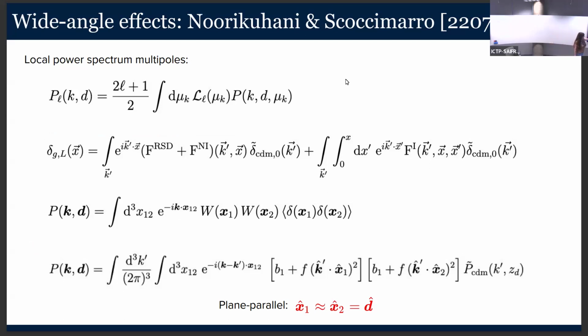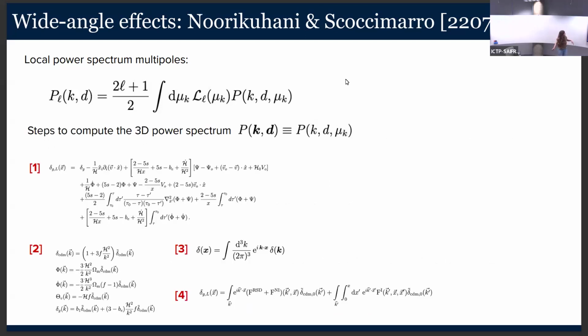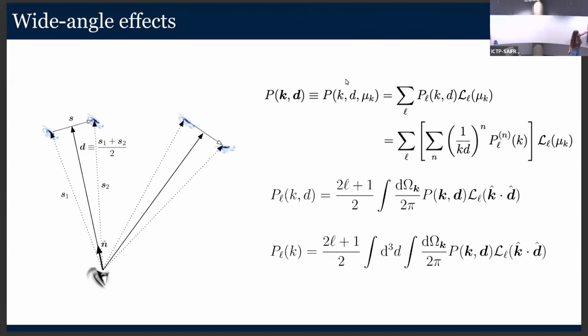If you look here, this is the kernel that you know how to compute for each of these local regions. So f of k dot x1 would correspond, for example, to the anisotropic power spectrum in your plane parallel limit at this particular region, for this particular line of sight.